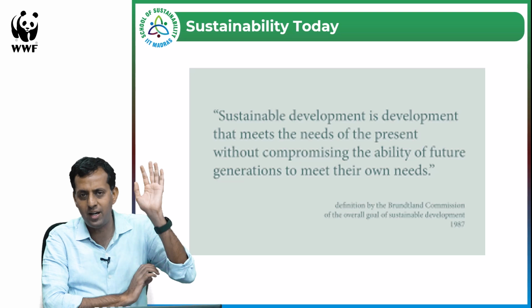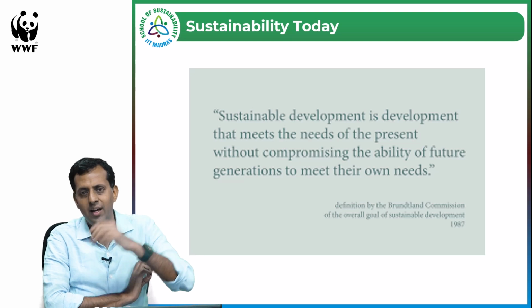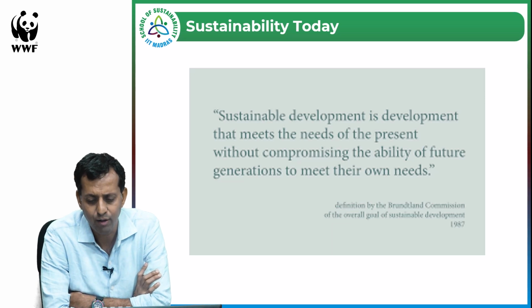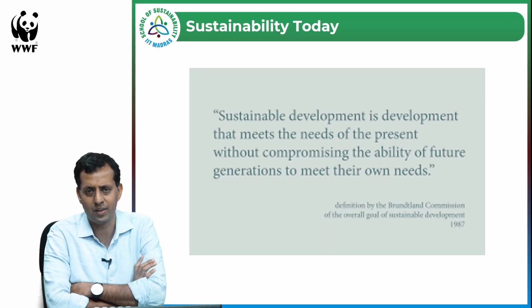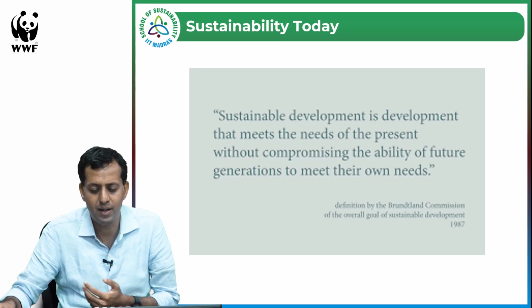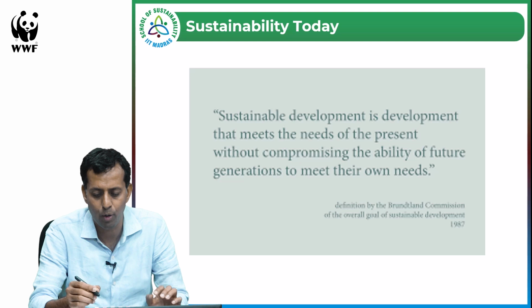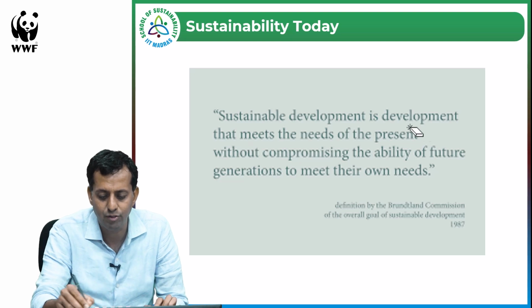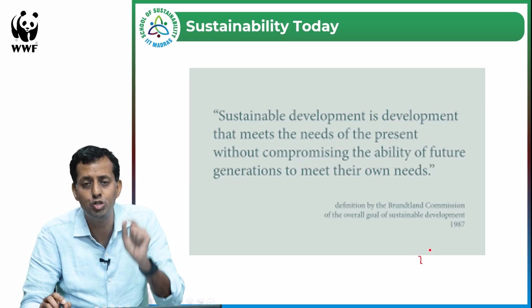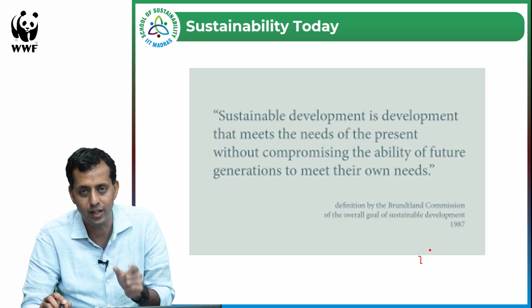Of course, sustainability as a concept has been in existence for decades. But the Brundtland Commission defined sustainable development as follows: development that meets the needs of the present without compromising the ability of future generations to meet their own needs.